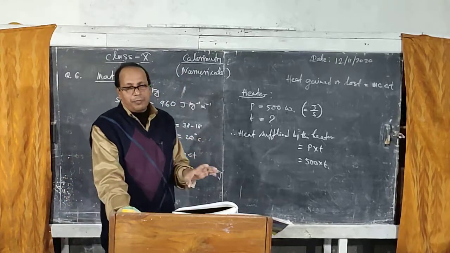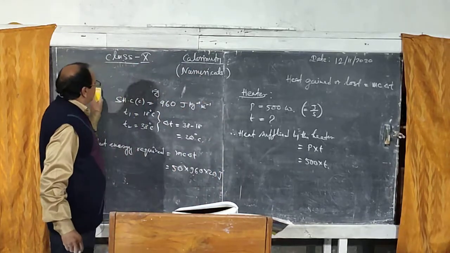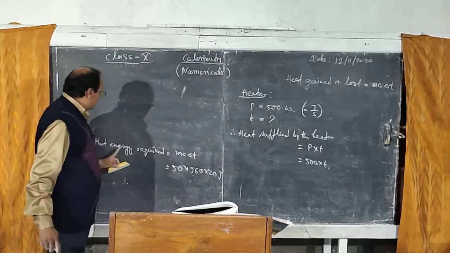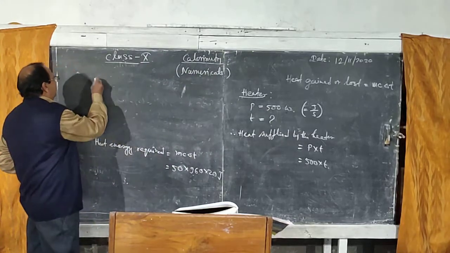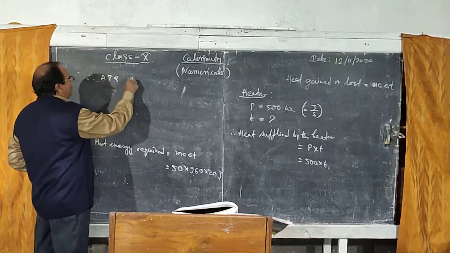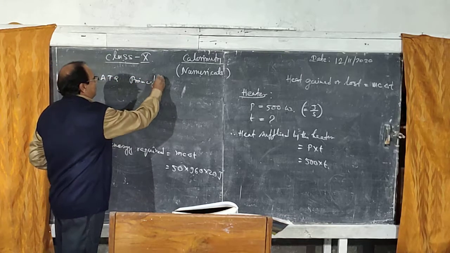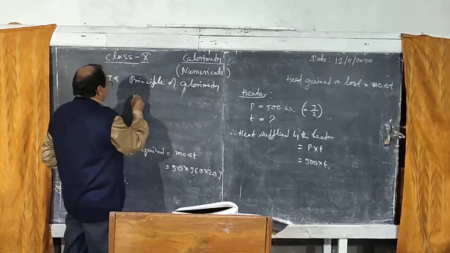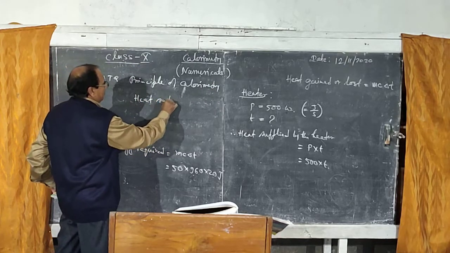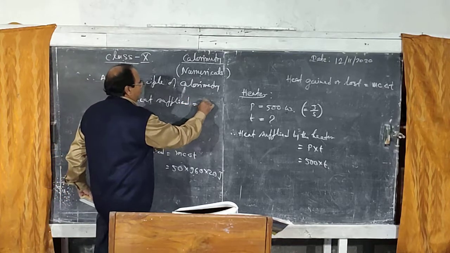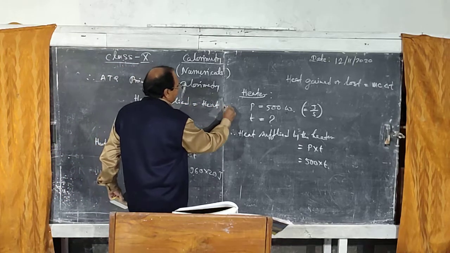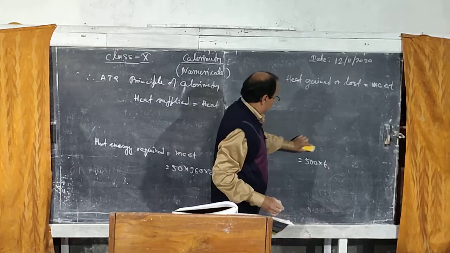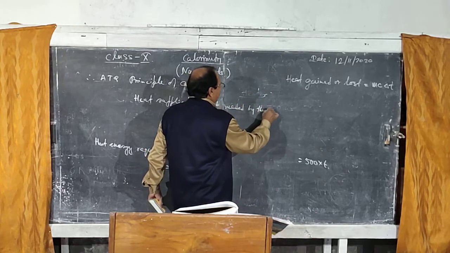Then according to the principle of calorimetry, we can say that heat supplied by the heater is equal to heat energy required by the material. Therefore, according to the principle of calorimetry, heat supplied equals heat needed by the material.